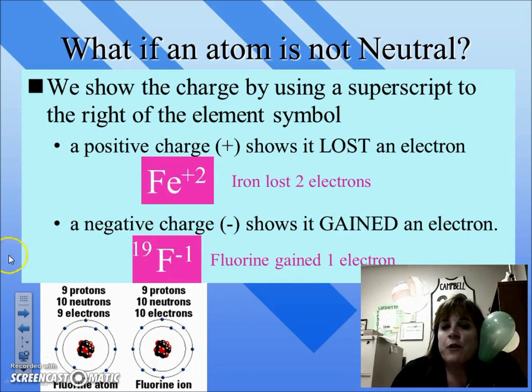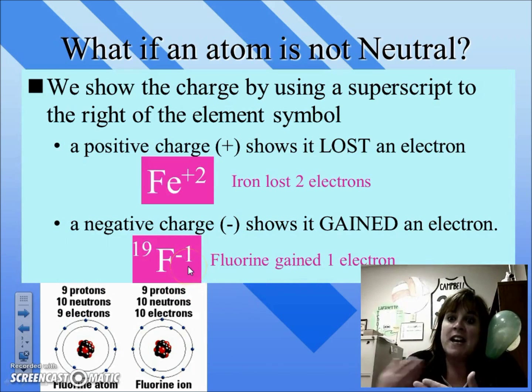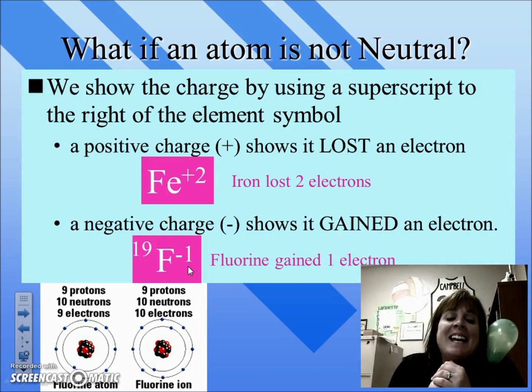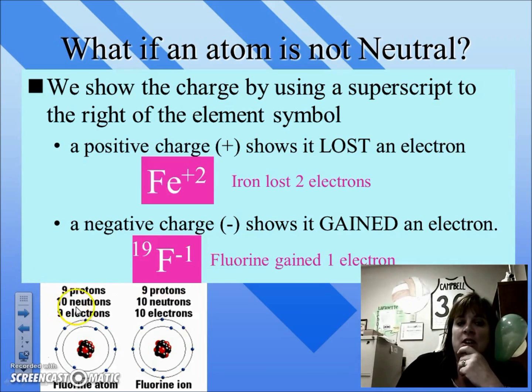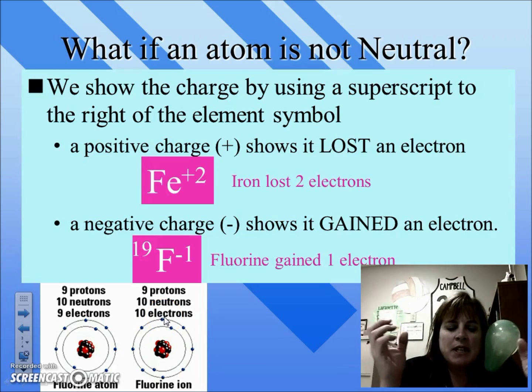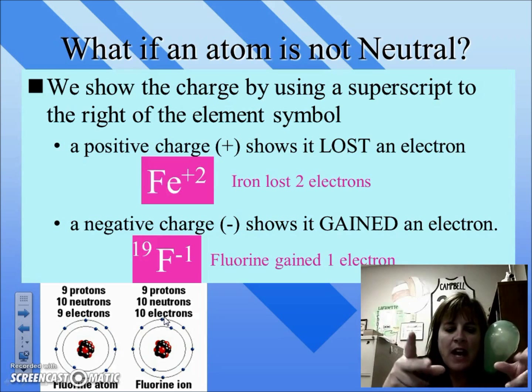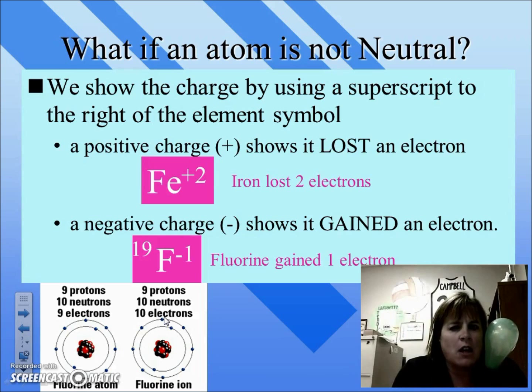But here, if we have our ion of fluorine with a charge of -1, remember -1 means I gained electrons. So that means I don't have 9 anymore. I actually have 10. Now, I know that's weird, because in math, when we have negatives, numbers get smaller.